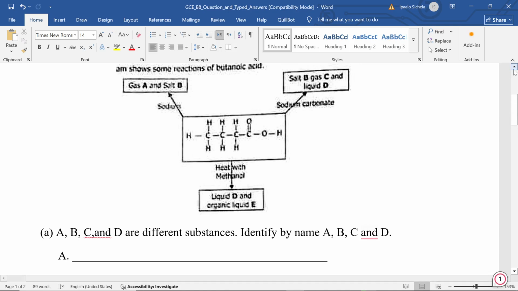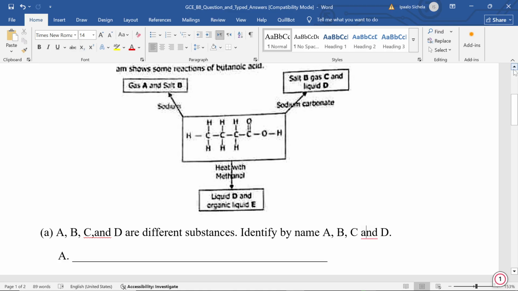When you want to write the name of an ester, the first step is to identify the name of the alcohol. In this case, the alcohol being used is methanol. Once you identify the name of the alcohol, change the ending of the alcohol from ano to YL.